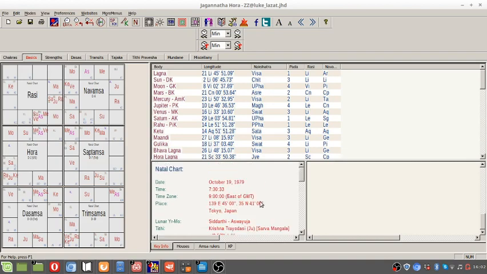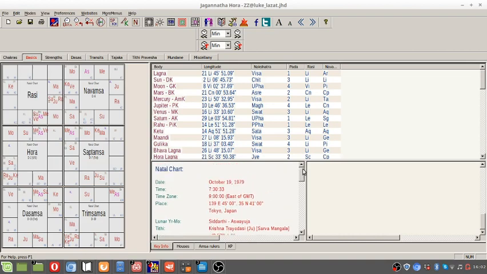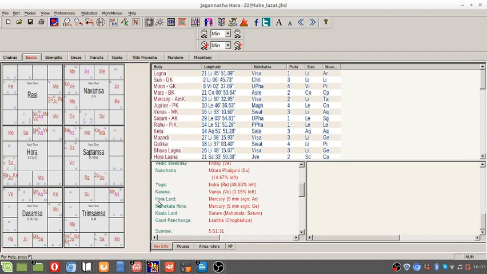And from the vara we can understand what is the talent and the mode of action. So Luke is born on Friday, and to assess the talents properly we also have to consider the hour of birth, and in his case the Hora Lord is Mercury.